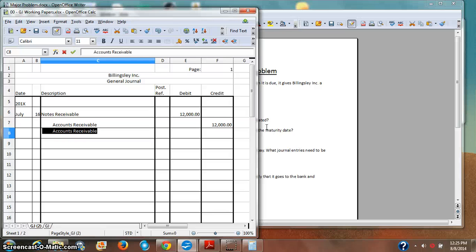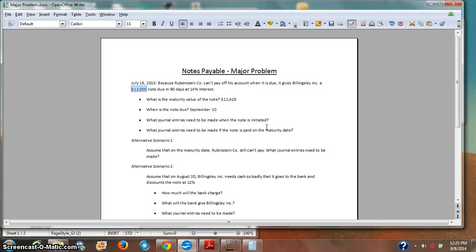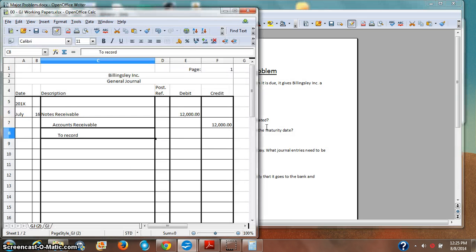So, and of course in the description, I'll describe it exactly to record a 90-day 14% note from, and I'll put the person who it comes from as well. And I'll start on a new line here, Rubenstein Company.